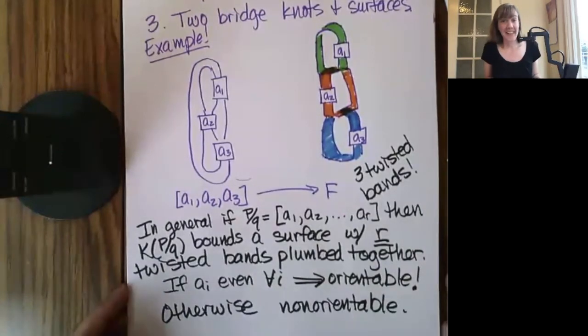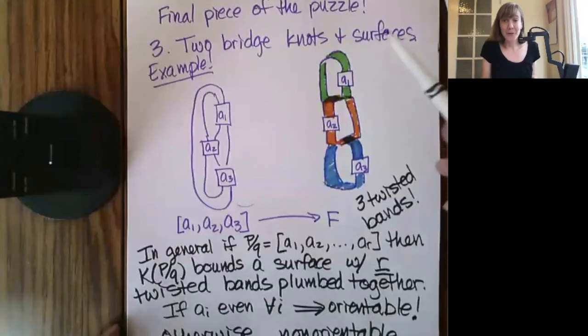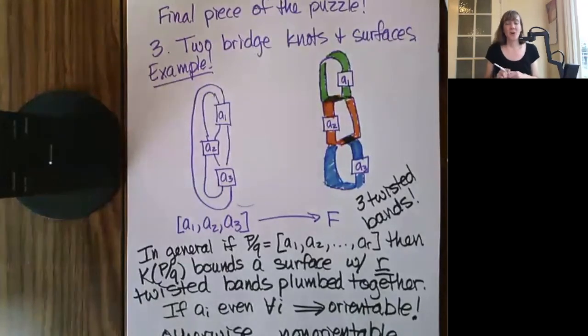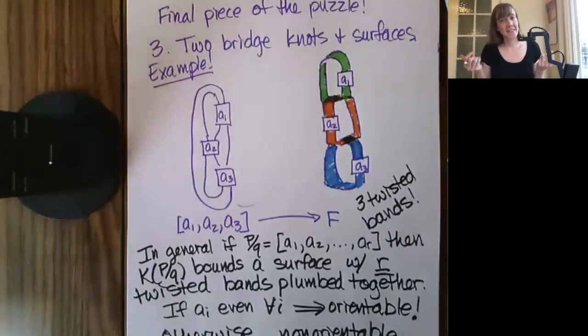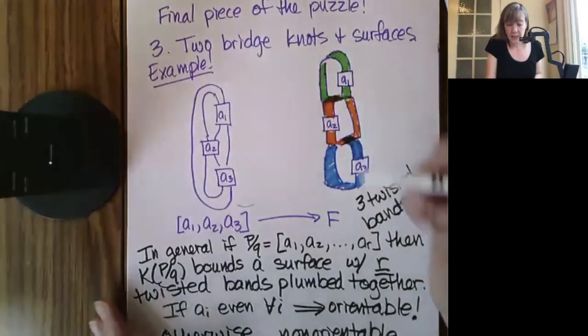All right, and then I want to say one extra little comment, and that is, suppose you do this whole construction and you end up with an orientable surface. Then there's a very easy change you can make to the surface that doesn't change the knot that it bounds, but it just changes the surface to make it non-orientable. So let me point that out to you. Let's say this is orientable.